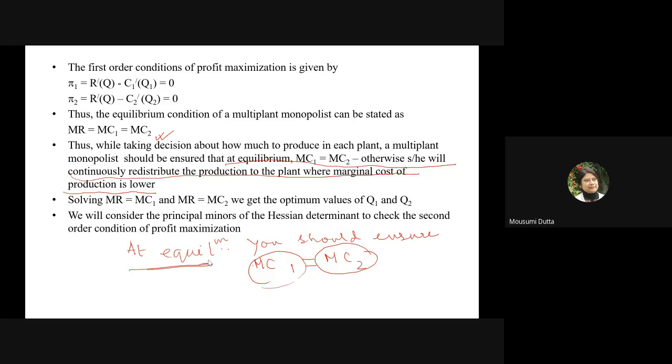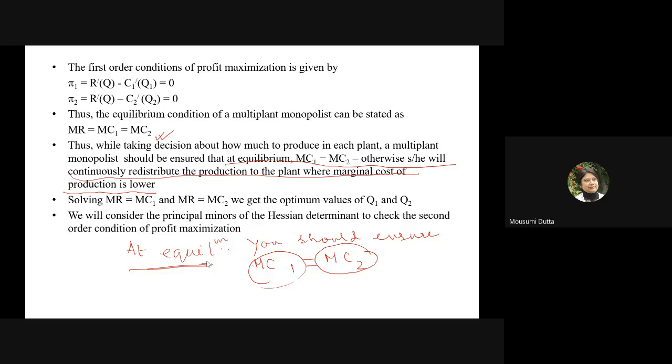Solving MR is equal to MC1 and MR is equal to MC2, we get the optimum values of Q1 star and Q2 star. We will consider the principal minors of the Hessian determinant to check the second order condition of profit maximization. Like the rest of the cases, finally, to understand whether this solution is a maximum or is giving a profit maximizing solution, we need to consider the Hessian determinant.